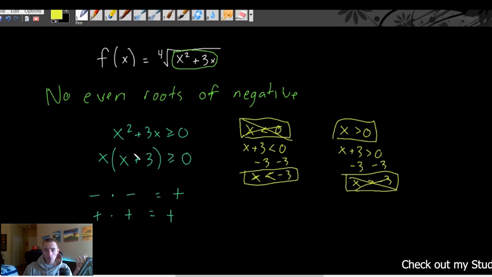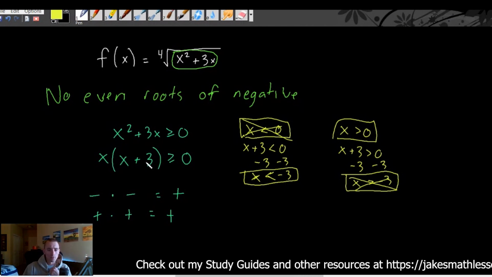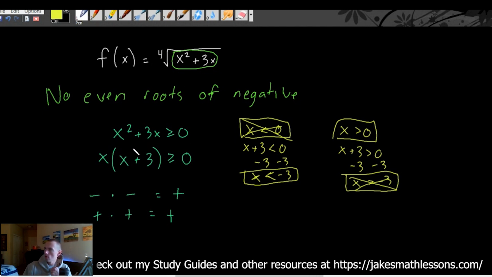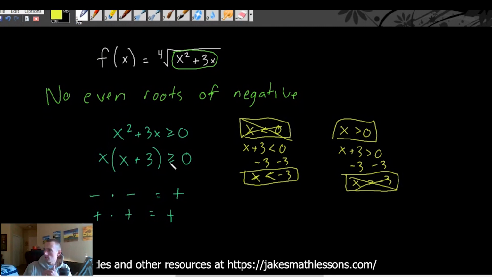So technically, let's take that separately. It's okay if x is 0 or if x plus 3 is 0, because 0 times any other number results in 0.